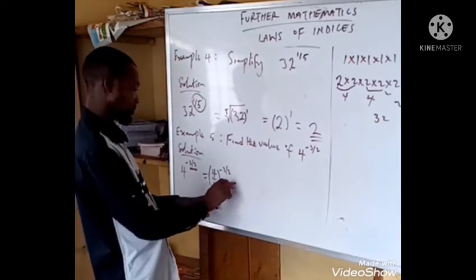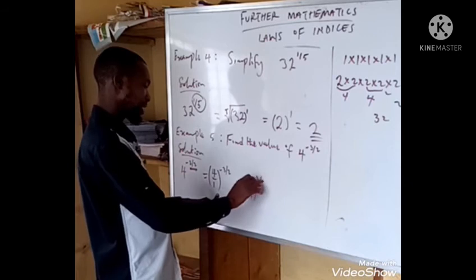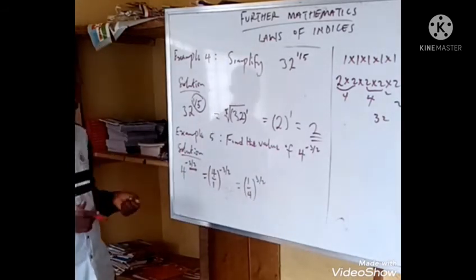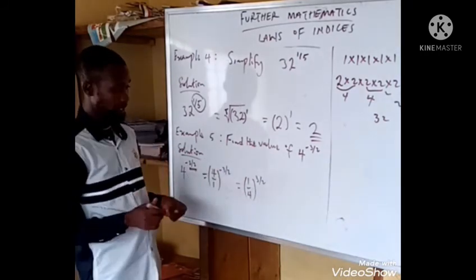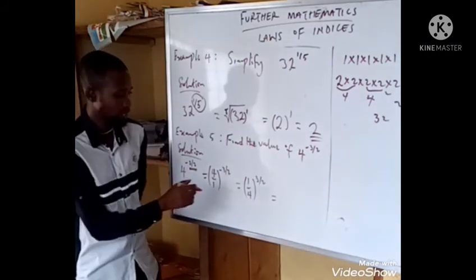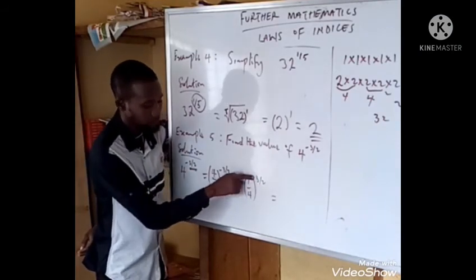So, to progress, it means 1 over 4, then everything here raised to power 3 over 2. Now, we can progress with our solution. We can now see that our base has a positive power.